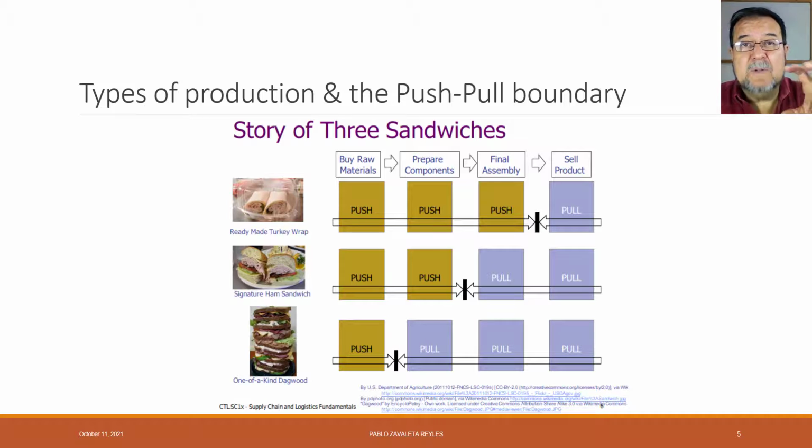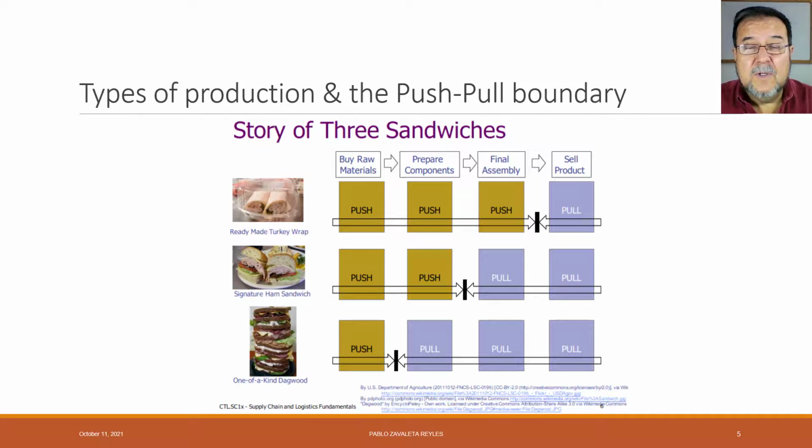Let's say the pull happens only when the customer buys it. Let's say that we have a signature ham sandwich. In this case, we buy the raw materials, we prepare the components, we cut the bread, we prepare everything, but we only assemble it when the customer asks and says, I want a turkey ham sandwich.